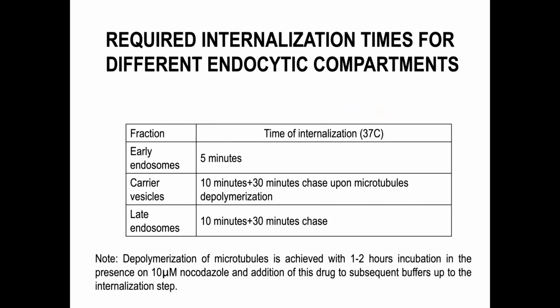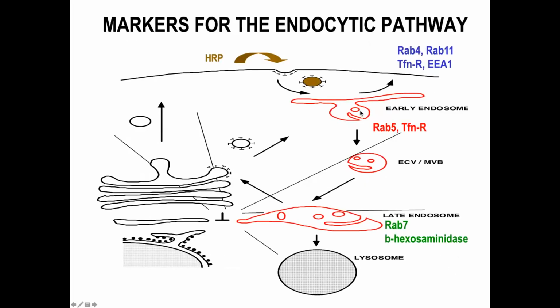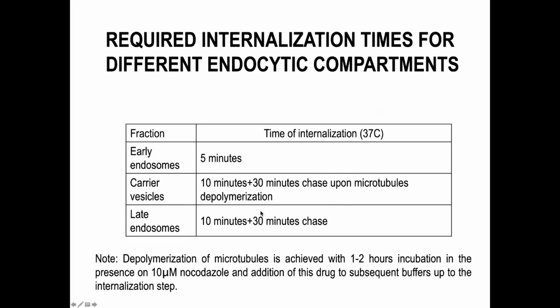Now, the advantage here is also that we can use this internalization and we can manipulate the internalization, because we know that the transport from the early endosome to the late endosome requires an intact microtubule network.